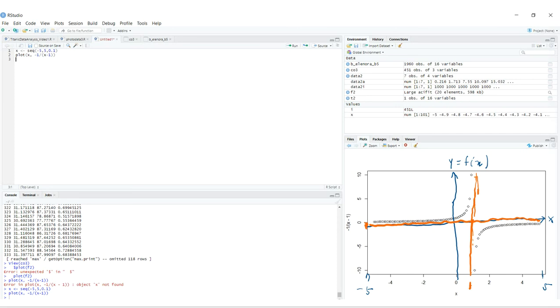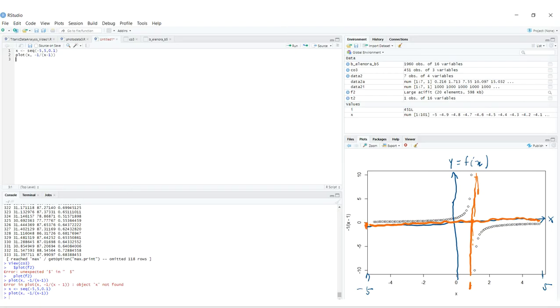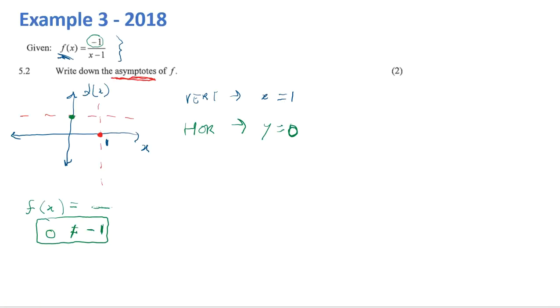Okay? And so if we look at our solution, and we look at the graph, we see, hey, that makes sense. Again, the vertical one is done by inspection: it's where the function will be undefined. If I give this x a value of 1, we have something divided by 0, which is undefined, and so that's the vertical asymptote.